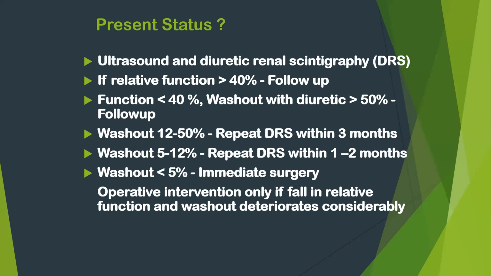If the washout is 5 to 12%, we need to repeat the scan within 1 to 2 months. And if the washout is less than 5%, the child will require immediate surgery. So operative intervention is only required if there is a fall in relative function and washout and it deteriorates considerably.